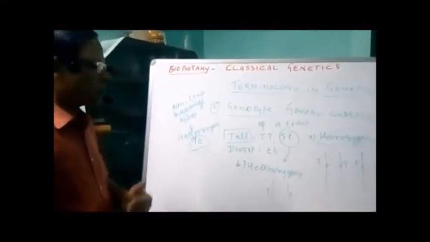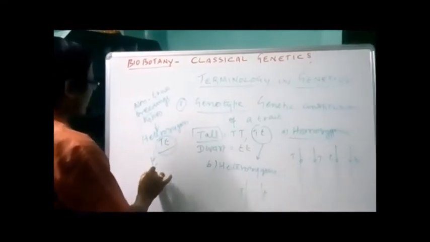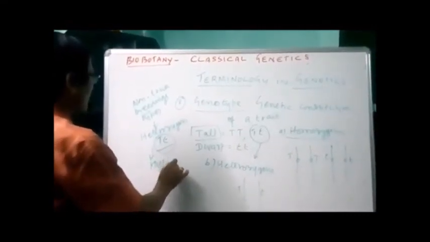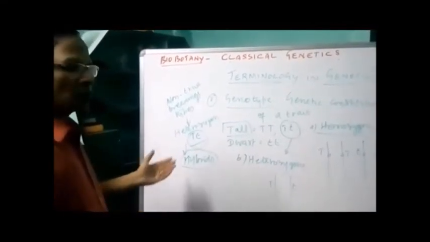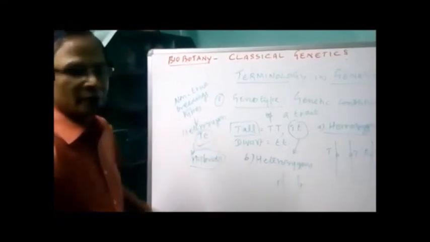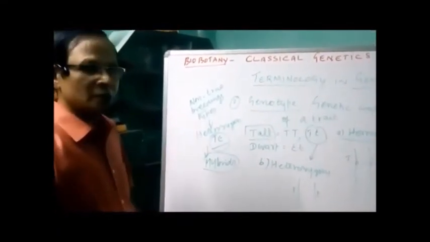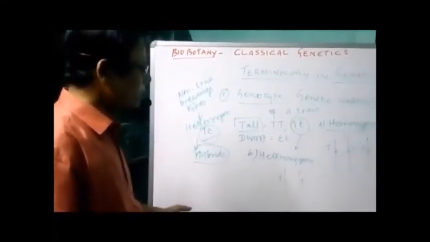In normal terminology, these heterozygous individuals are called hybrids. What are hybrids? The non-true breeding types, which are heterozygous in nature, are called hybrids. Okay, so that's a few terminologies. We will proceed further in the next class.